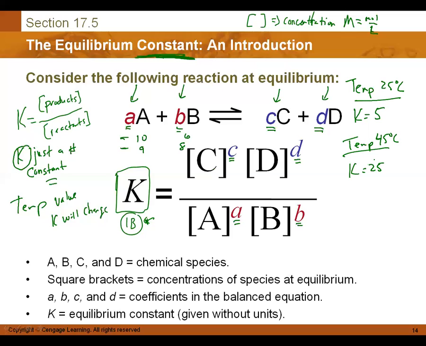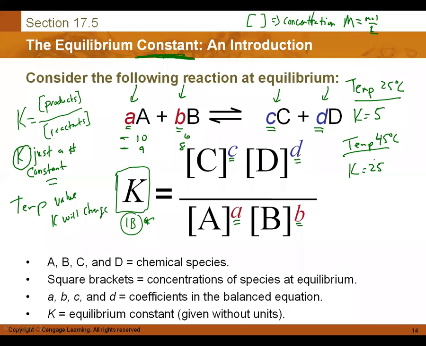Then if you take the same reaction and you raise the temperature to 45 degrees Celsius, again, no matter what combination of reactants or products in terms of concentrations you start with at 45 degrees Celsius, it will always come to that ratio of basically 25. So when we say that temperature affects the value of the equilibrium constant, what we mean is in comparison between say a temperature of 25 degrees and a temperature of 45 degrees, you will have two different equilibrium constants.